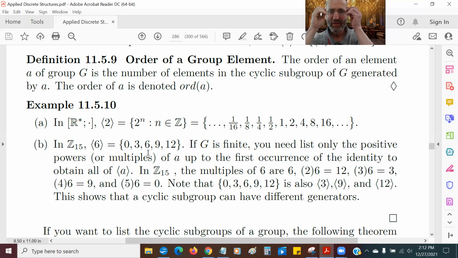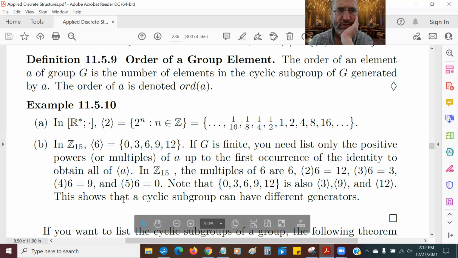The multiples of 6 are 12, 3, 6. There's also 3. We can have a different generator.